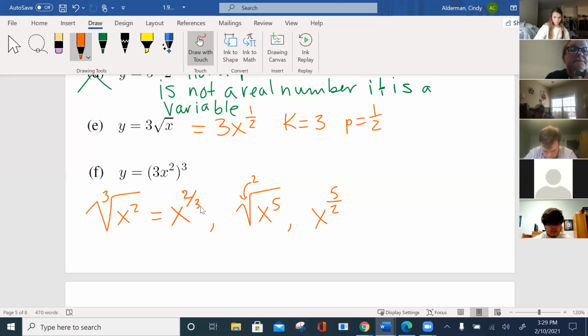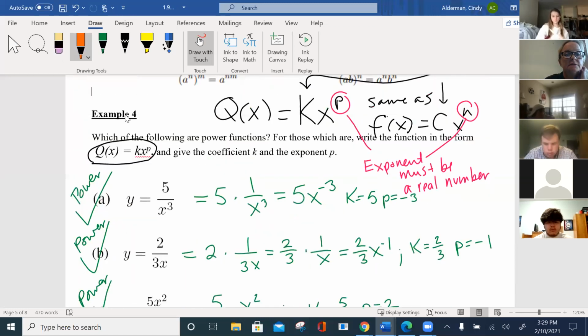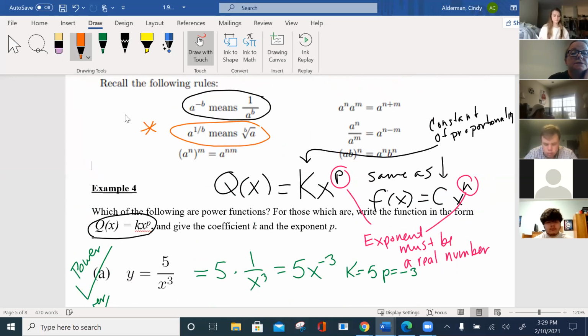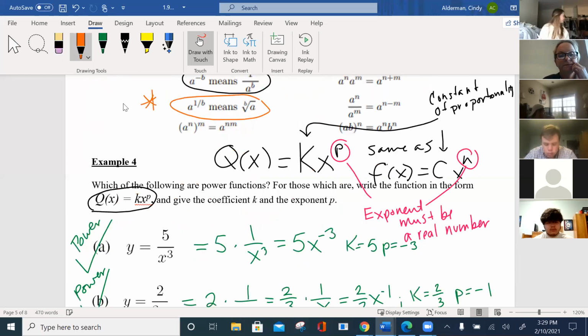Oops, I should put an equals there. So these are just extra examples of using that rule.